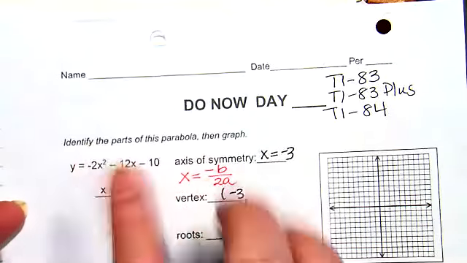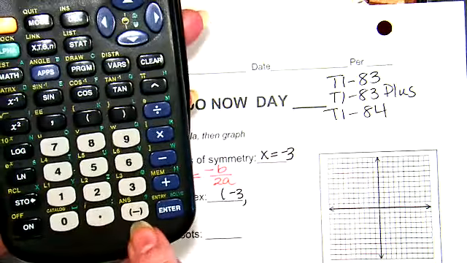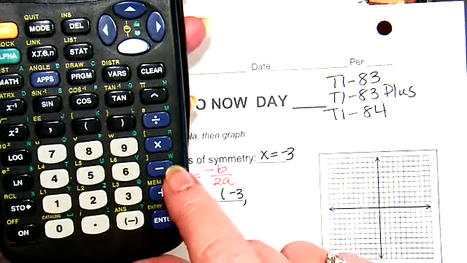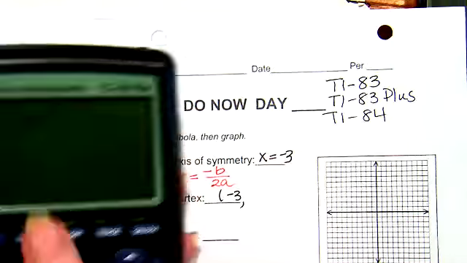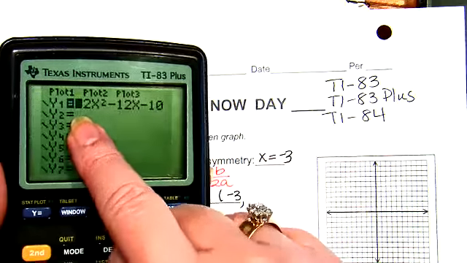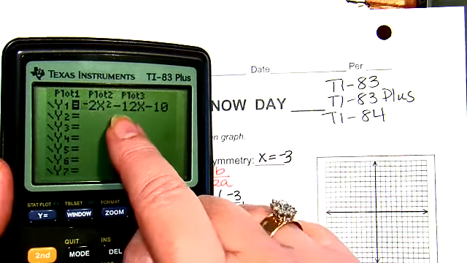Now, I want to make sure that you understand when I type this in, at the very beginning, if you see a negative sign, you use the parentheses one. The in-between ones are these. So if you get wrong answers or if it gives you an error, make sure that you're using the correct negative signs.